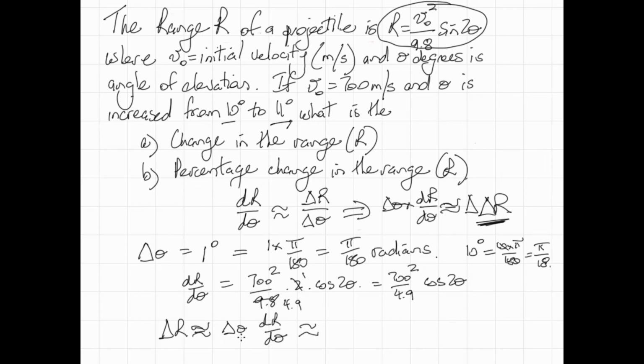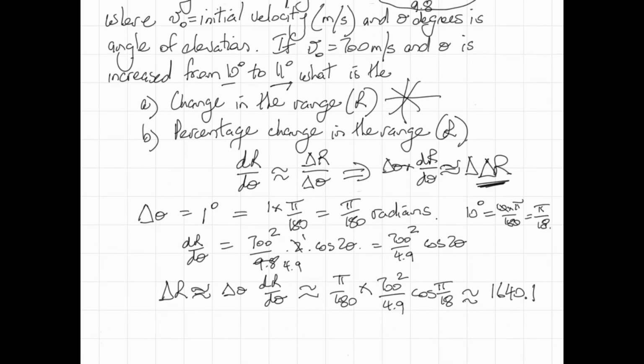So that's approximately equal to delta theta, which we said was pi on 180, times dr d theta, which will be 700 squared over 4.9 times cos of 2 theta, and because it's going from 10 to 11, theta is equal to 10 degrees, that's pi on 18. If we work that out, we get approximately 1640.1. So that's the small change in range. So we've actually done part A.